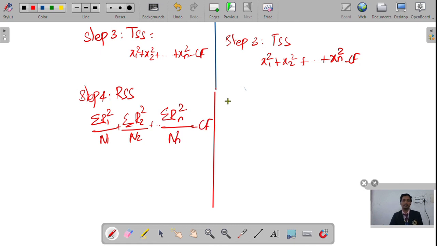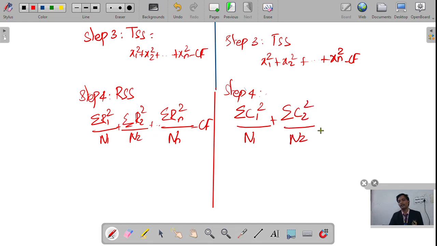In the same way, for columns, it is summation c1 square by n1 plus summation c2 square by n2, up to the number of columns, minus CF. So this is our CSS value. CSS and RSS are these things.